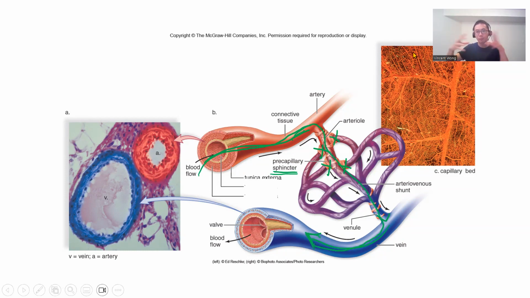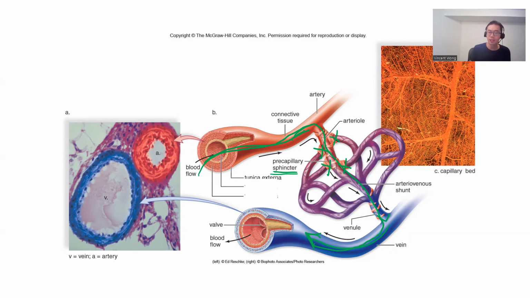It's not going to fill up the whole capillary bed. Okay, it's still supplying blood, but because the valves are closed, you're not going to fill up the entire capillary bed because you don't need as much blood at this moment. Okay, so the blood vessels will help you regulate how much blood goes into a particular area.